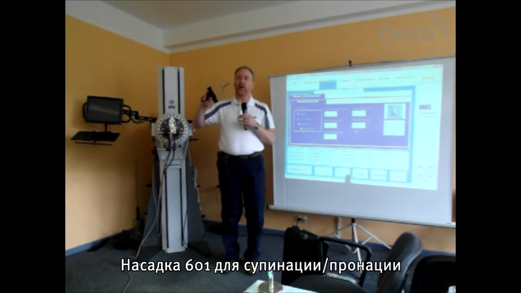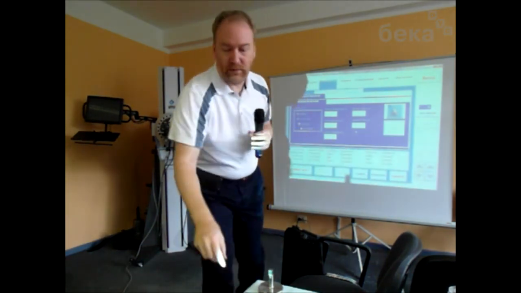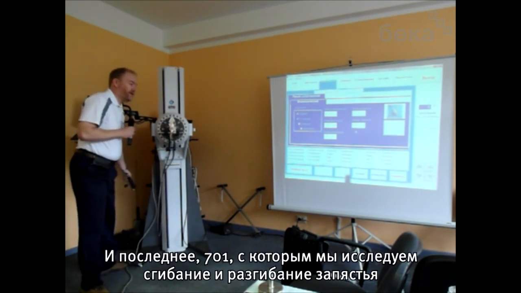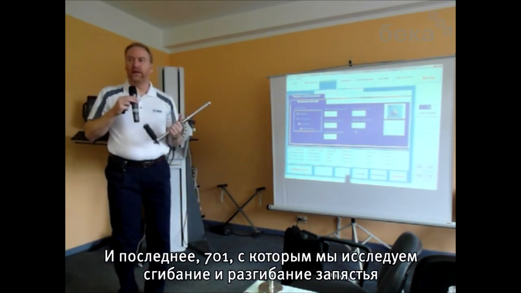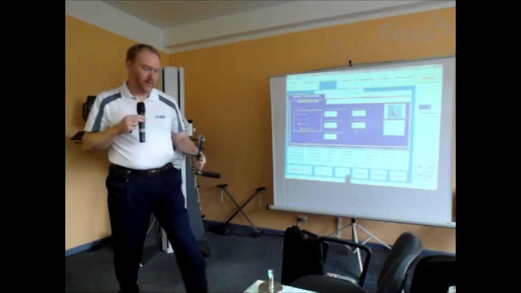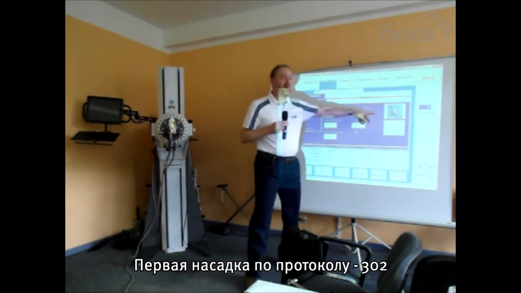Uses the 601 tool for supination and pronation. And then the last tool is the 701, and then we look at wrist flexion and extension for this tool. So the first tool on the protocol is the 302.